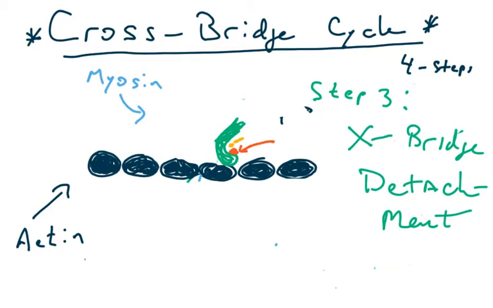And so once the ATP is attached to the myosin head, it causes the myosin head to detach from the actin itself, looking like this.